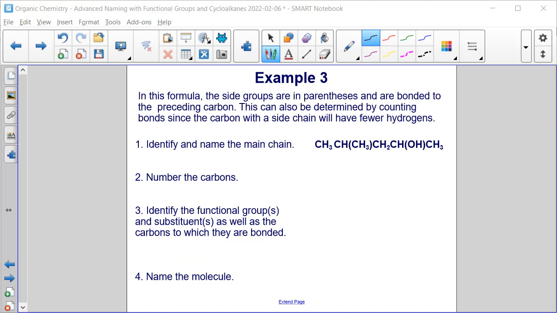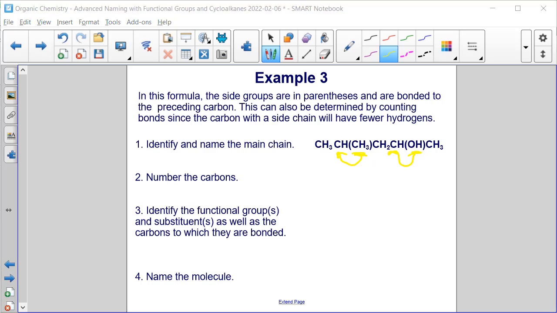In this formula, the side groups are in parentheses and are bonded to the preceding carbon. So do you see this in parentheses and in parentheses? That's a substituent group or a functional group bonded to the previous carbon. Okay, this can also be determined by counting bonds, since the carbon with the side chain will obviously have fewer hydrogens.